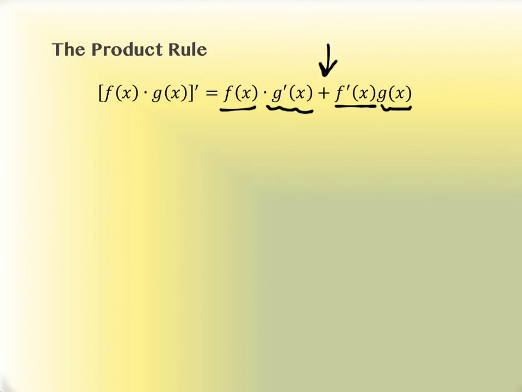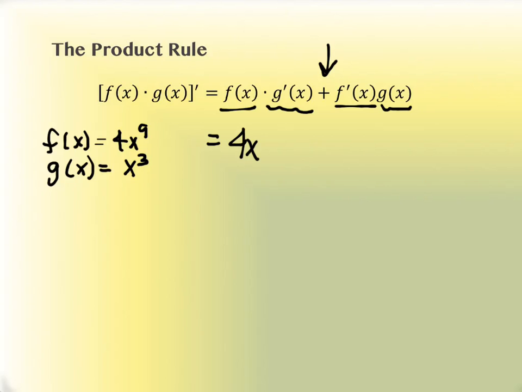I want to show you that unlike the last one, which resulted in the wrong answer, this one actually works with the exact same functions that I used before. Before I used f of x equals 4x to the 9th and g of x equals x cubed. So this rule says I should be able to write down the f of x function, which is 4x to the 9th, and multiply that by the derivative of the g function.